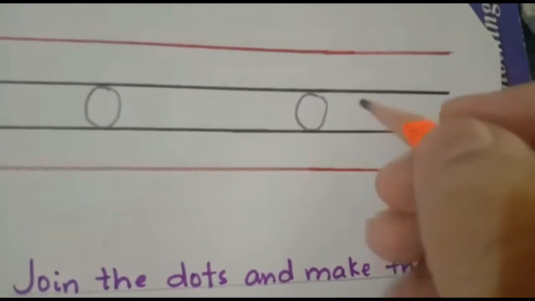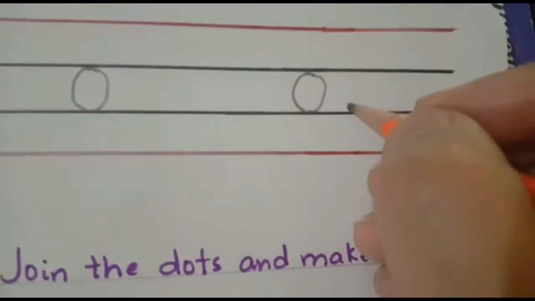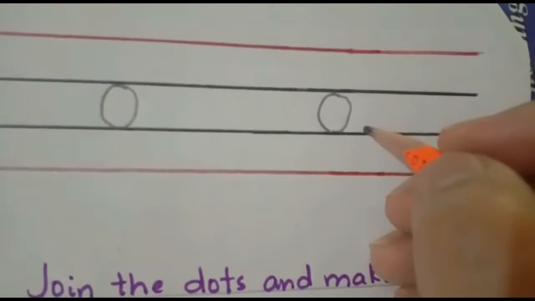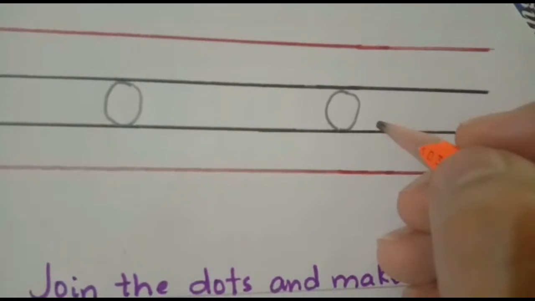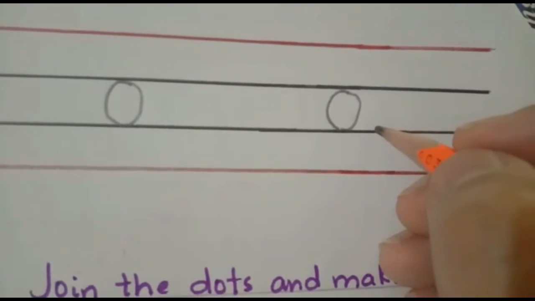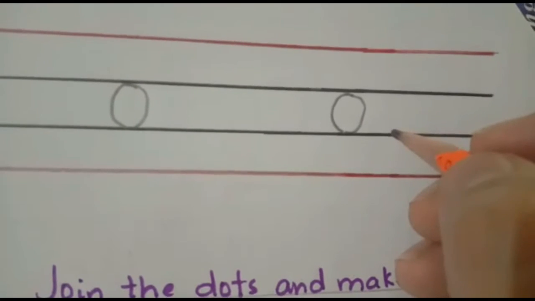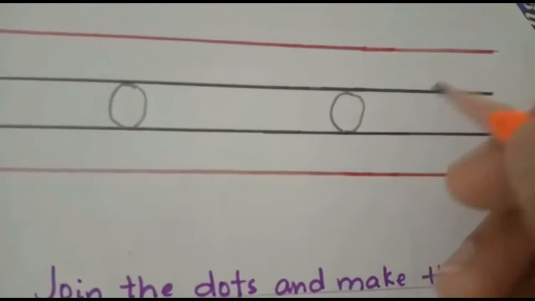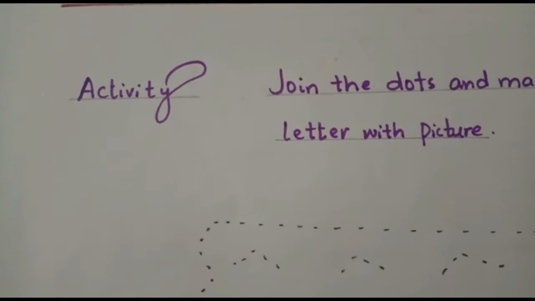Yes, this is a lowercase letter and it should be in 2 lines and it has 2 sounds. First is O, A, O, A. And the second sound is O, O, O, O.